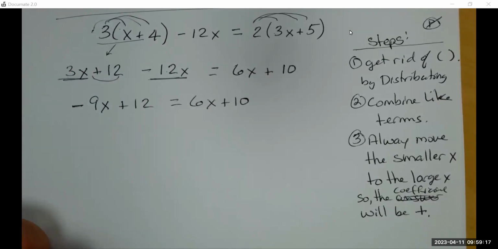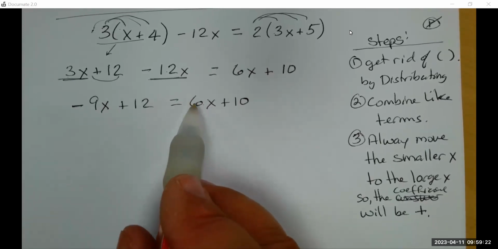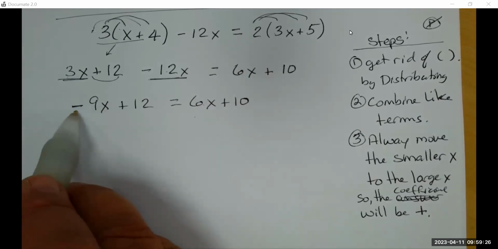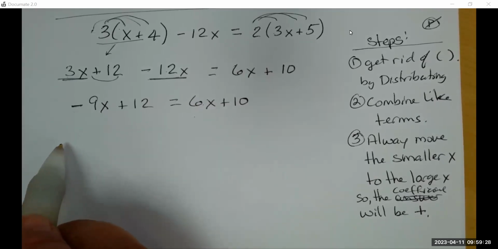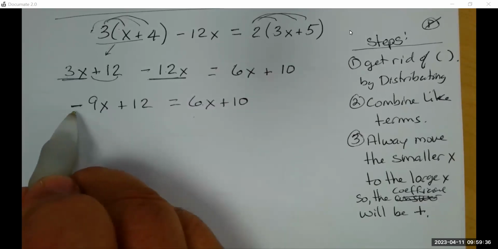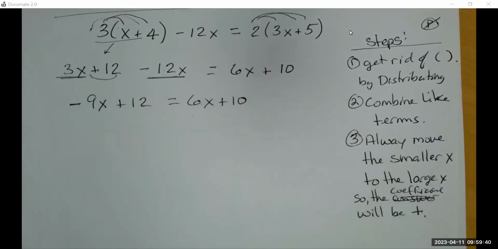Because if we move the 6 over there, how do we move the 6? It's a positive 6, so we have to do what? Subtract 6, so we'll have a negative 15. I'll show you what to do if you have a negative in front of the x at the end, but we want to avoid negatives if we can. So negative 9 is smaller than 6. How do we know that?